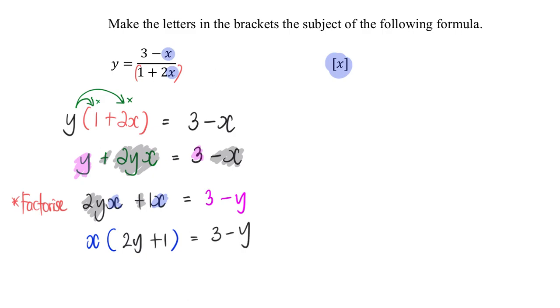And finally, my x will be equal to, I'm going to divide by 2y plus 1 on both sides, so that this 2y plus 1 will not be on the left hand side anymore. 3 minus y, divided by 2y plus 1. And since x is already on the left hand side, this will then be the final answer to this problem.